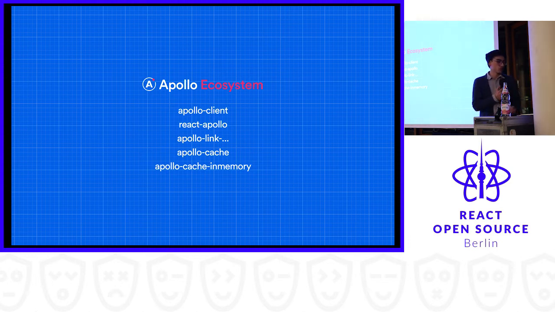It's fairly standard. You have some caching implementations. You have the so-called links, which basically are different transport layers and where Apollo gets its data from. You have the client itself as the manager of all things. And for React, you obviously have some kind of wrapper around it, React Apollo.